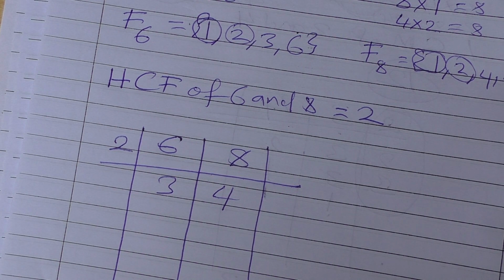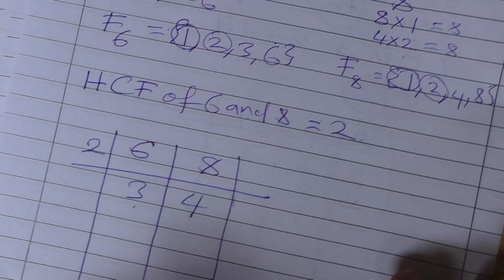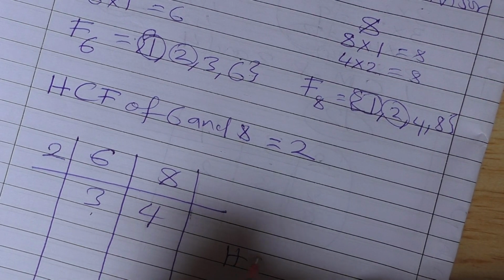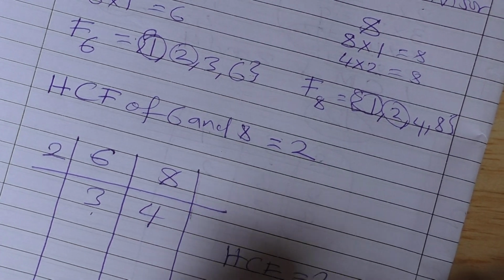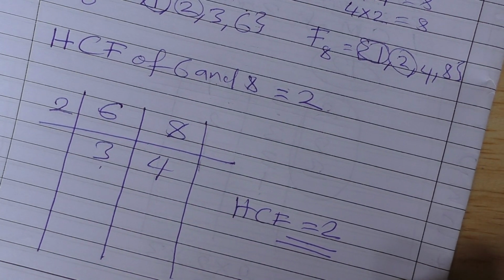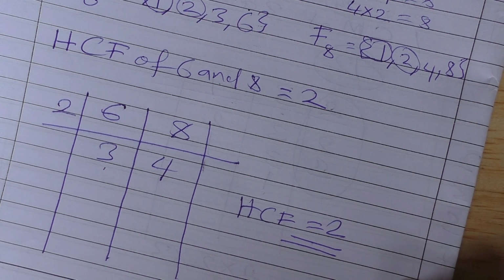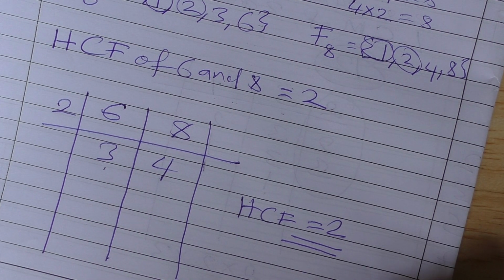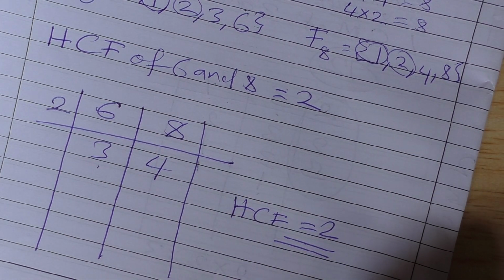Since we have no other prime factor that can divide the two numbers, we stop there and say our HCF equals 2. That is how we use the ladder method in finding the HCF and the LCM.